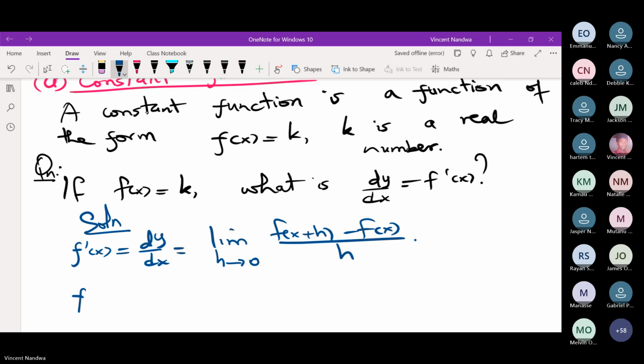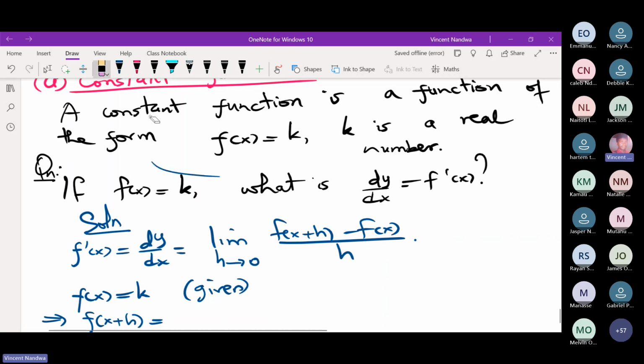Now, f of x is given by k. So this is what is given in the question. If f of x is given by k, what is f of x plus h? K plus h. Correct, k.